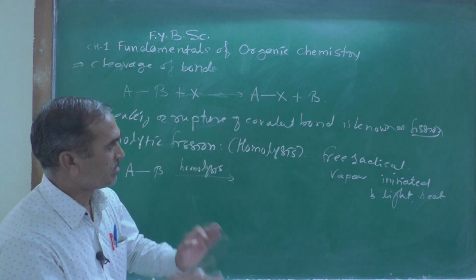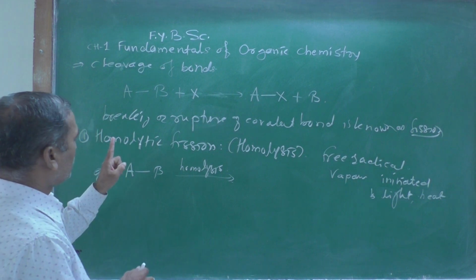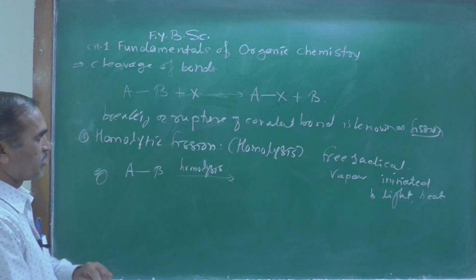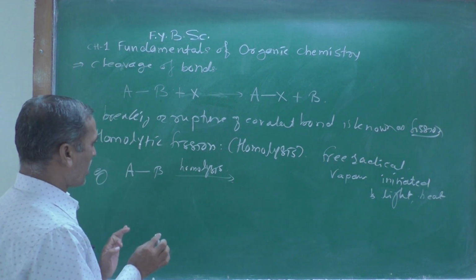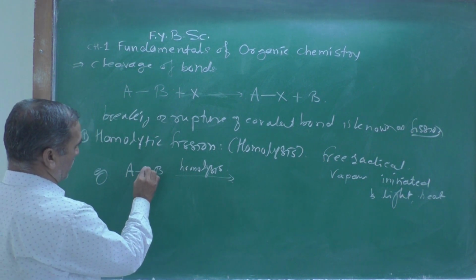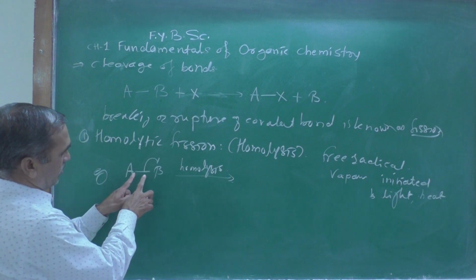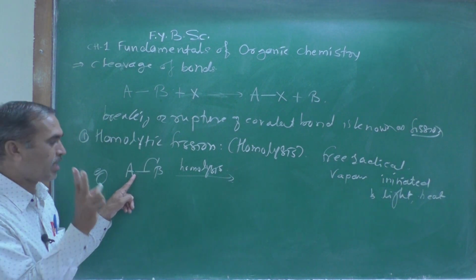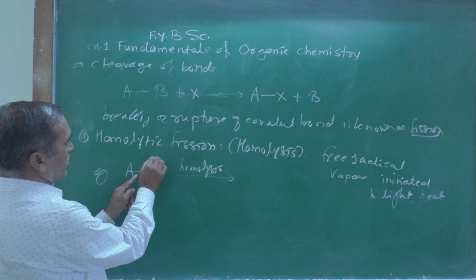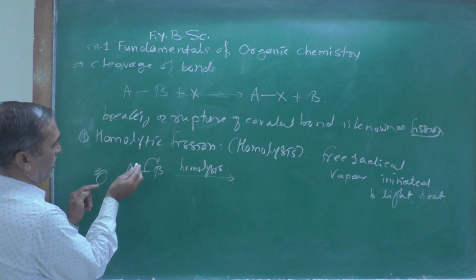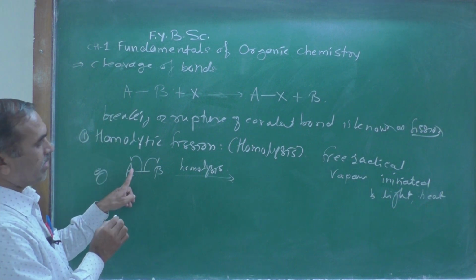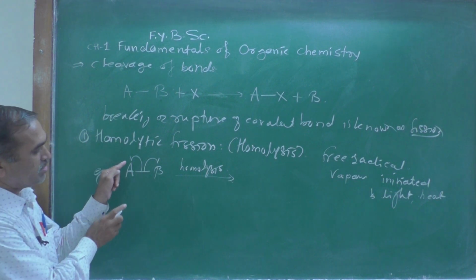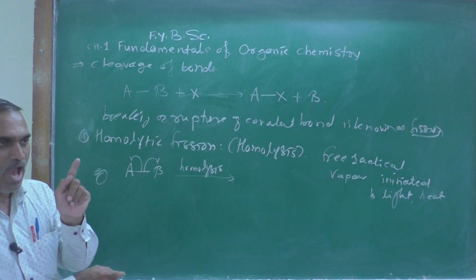So this type of rupture of the covalent bond is called homolytic fission. Now look at how it is breaking. This bond is nothing but sharing of two electrons. One electron goes on the B atom, another electron goes on the A atom. I am showing a special arrow.